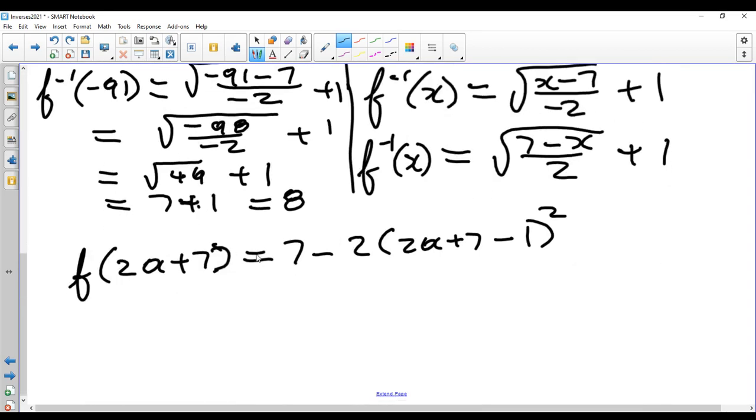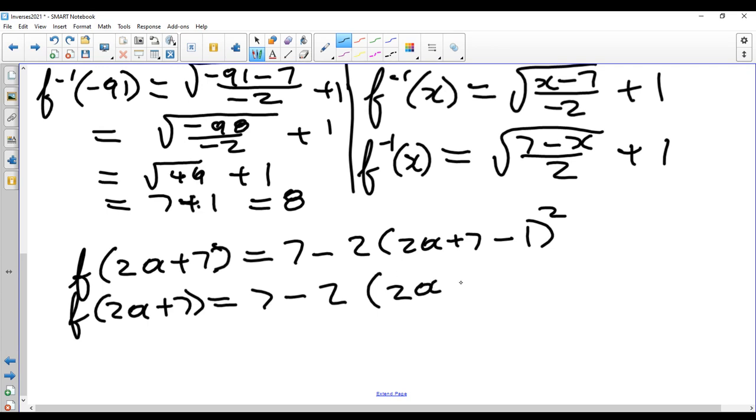So it's algebra at this point to finish this up. f of 2a plus 7 equals 7 minus 2. Now remember, squaring comes first. BEDMAS says brackets and exponents, so I'm going to do the squaring first. This is going to be 2a plus 6 squared, since 7 minus 1 is 6.